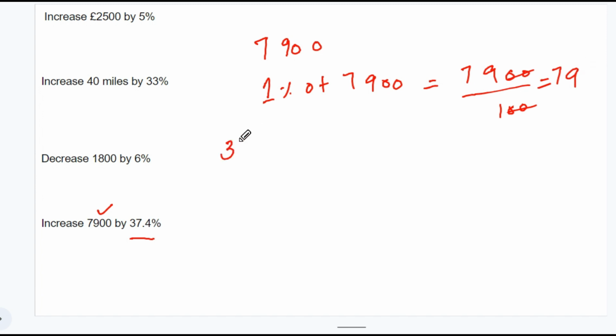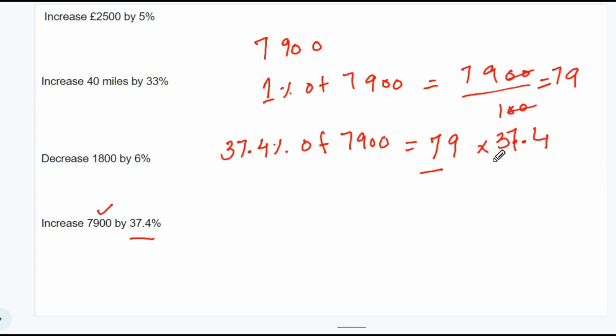Now 37.4% of 7900, what we need to do, it's a bit long multiplication, so we need to multiply 79 times 37.4. So we can multiply it like this, 374 times 70 plus 9.